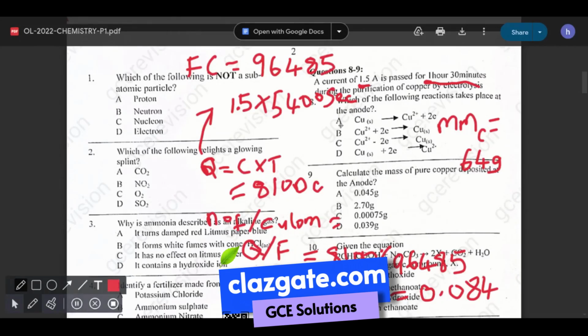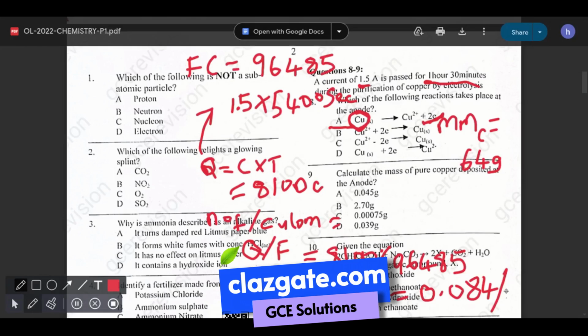Look at this equation. In order to form 1 mole of copper, 2 moles of electrons are lost. Since 1 mole of copper loses 2 moles of electrons, the number of moles is 0.084.